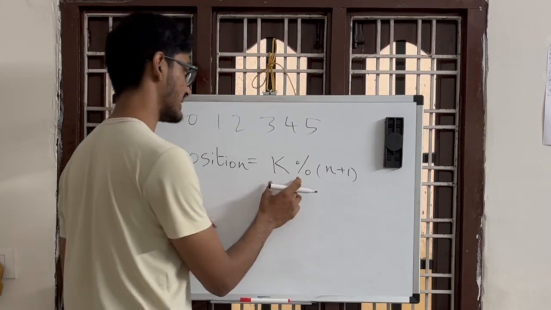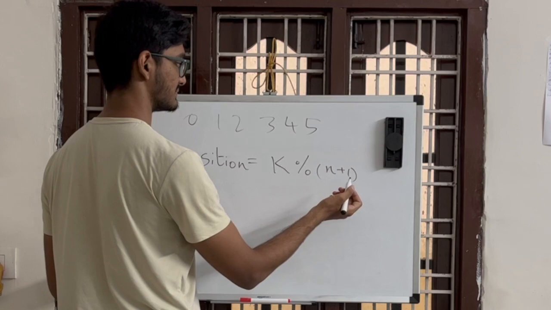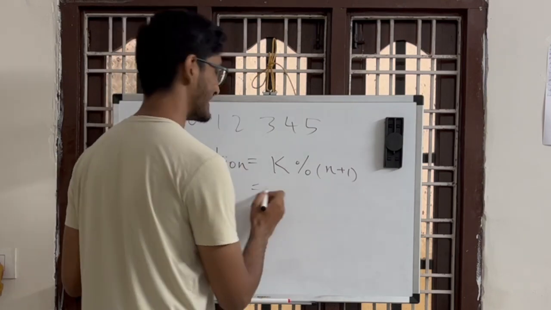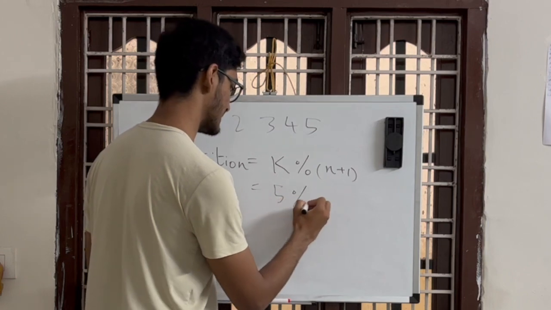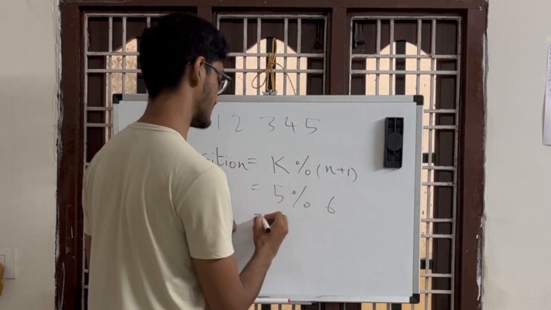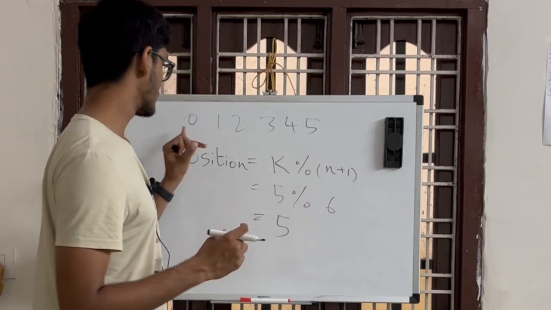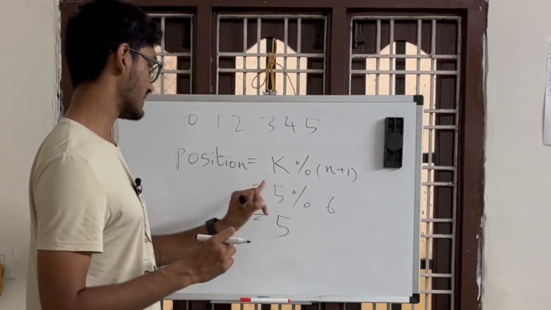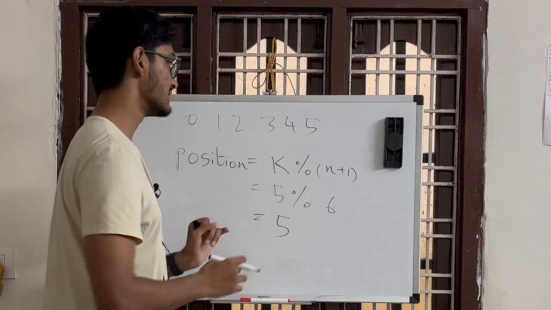If you look at it, k is 5, 5 percent 6 is 5. K is here 5. n plus 1, 5 plus 1 is 6. So 5 percent 6 is 5. So the position of 0 will be 5 here. Remember, the position of 0 is 5.